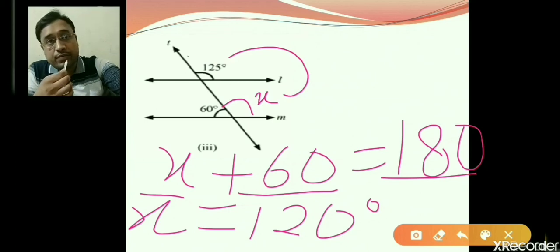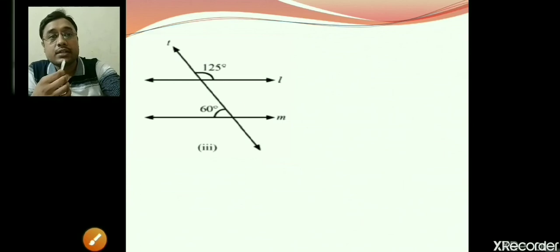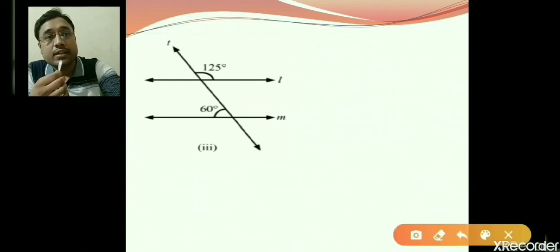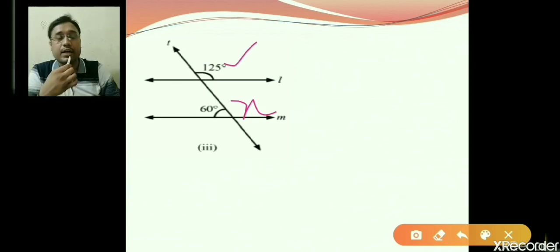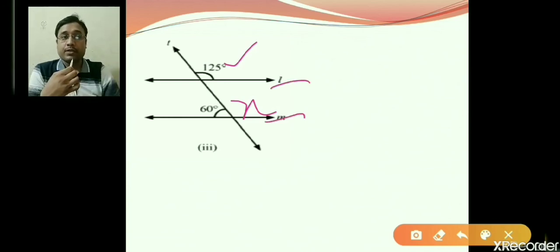This 125 degree angle and this x degree angle are corresponding angles, but they are not equal here. So we can say that these two lines L and M are not parallel, because the pair of corresponding angles are not equal.